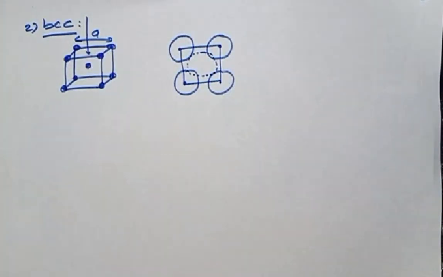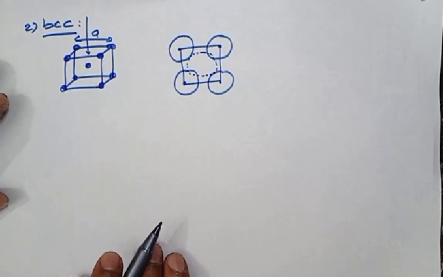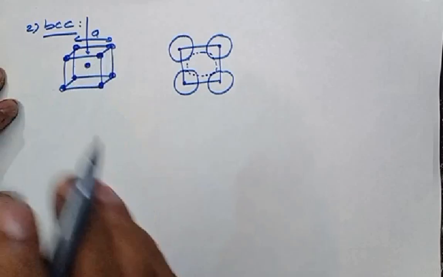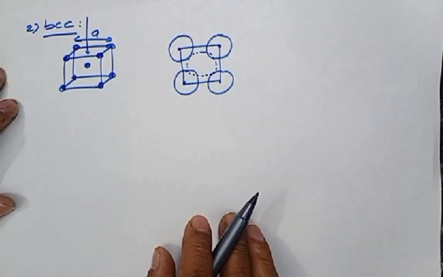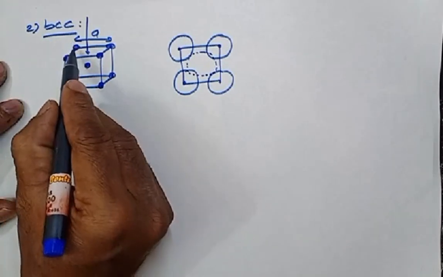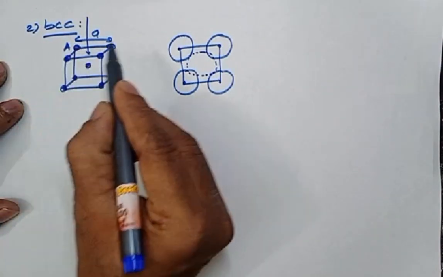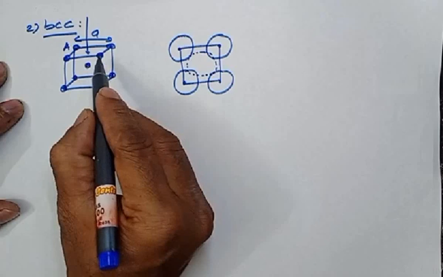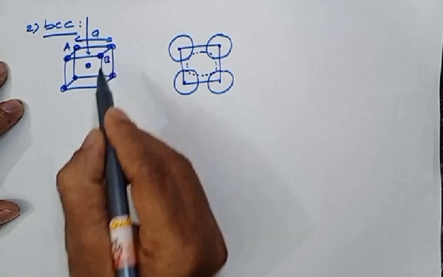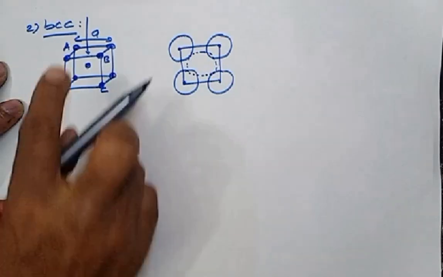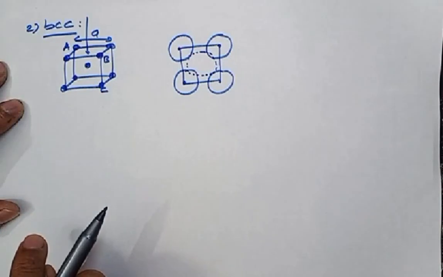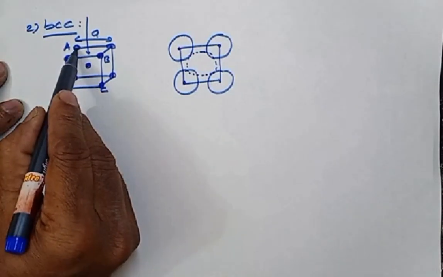That's the point. Now how to calculate the packing fraction for the body center cubic unit cell? Listen, I'll take this corner as A, this corner as B, and this corner as C. Now first I'll take this diagonal.